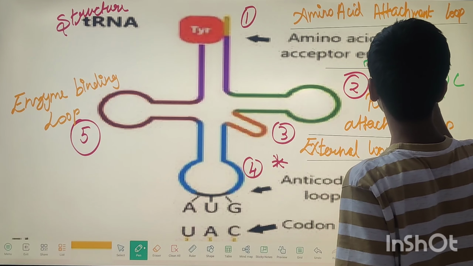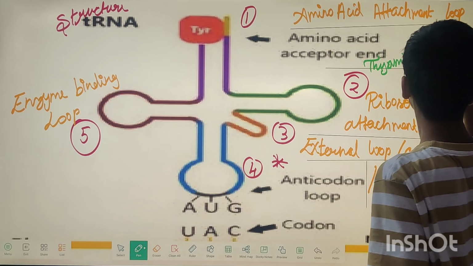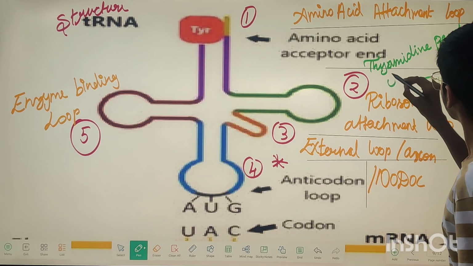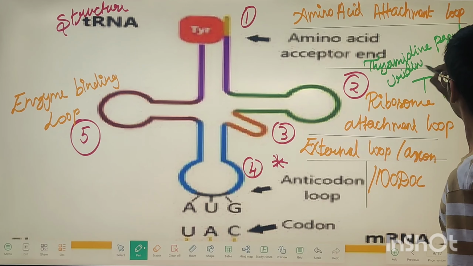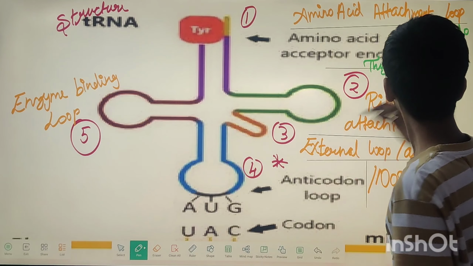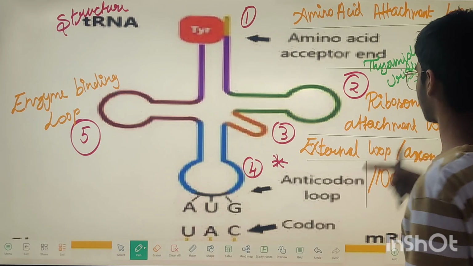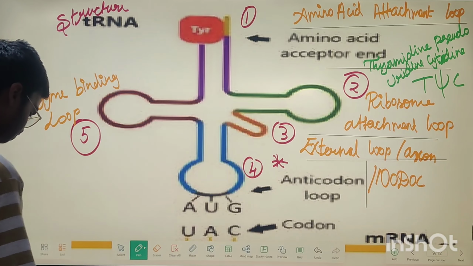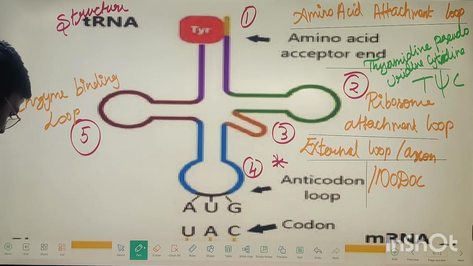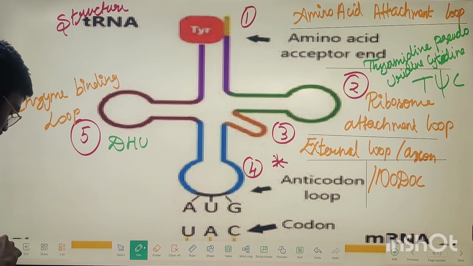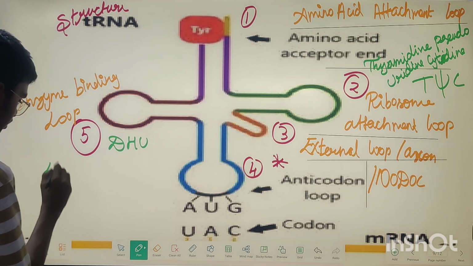So this is known as thiamidine, pseudouridine, cytidine. Then after this, the external loop is there. Here this one has DHU as its enzyme, which is dihydroxyuridine.